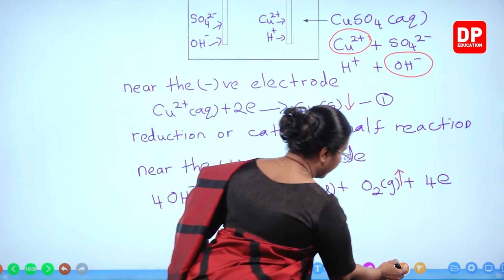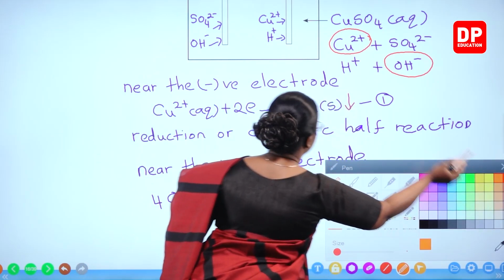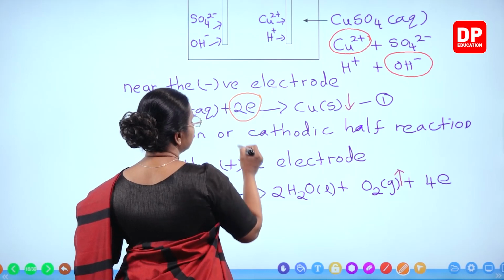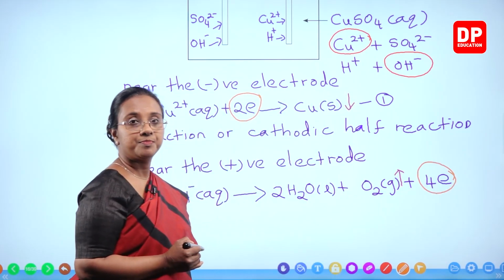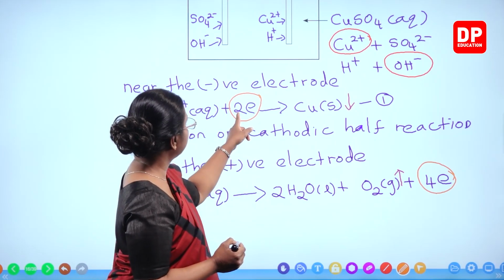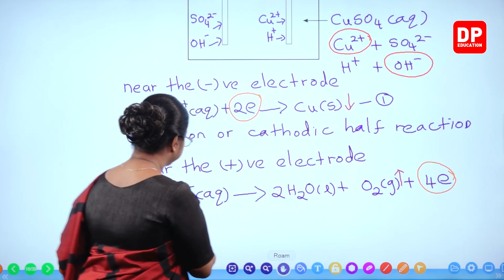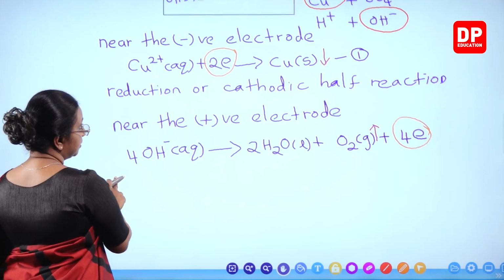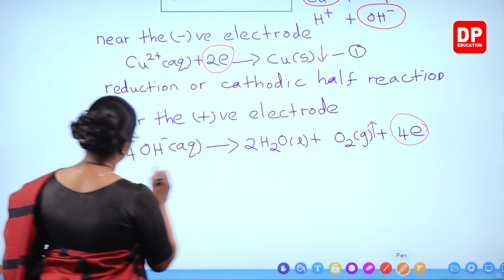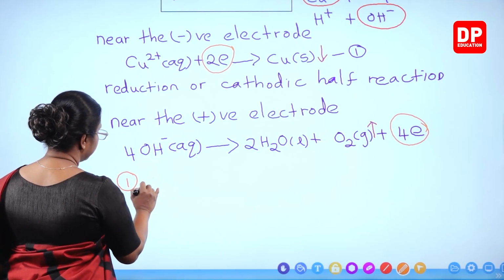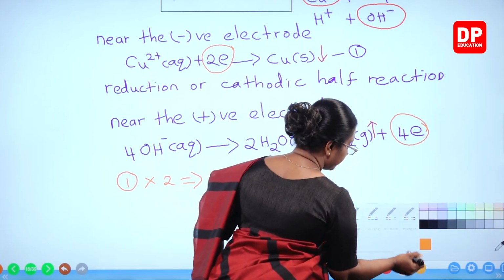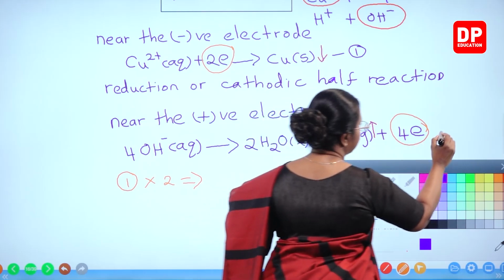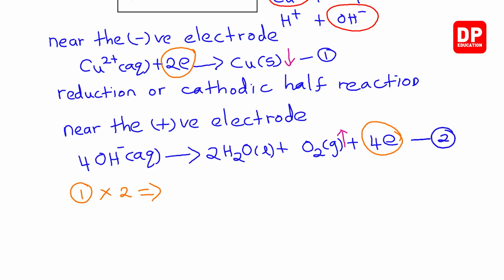There are 2 electrons here and 4 electrons there. Because of that, we need to multiply the first equation by 2. So then this is what you will get. Now here we will take this as the second equation.